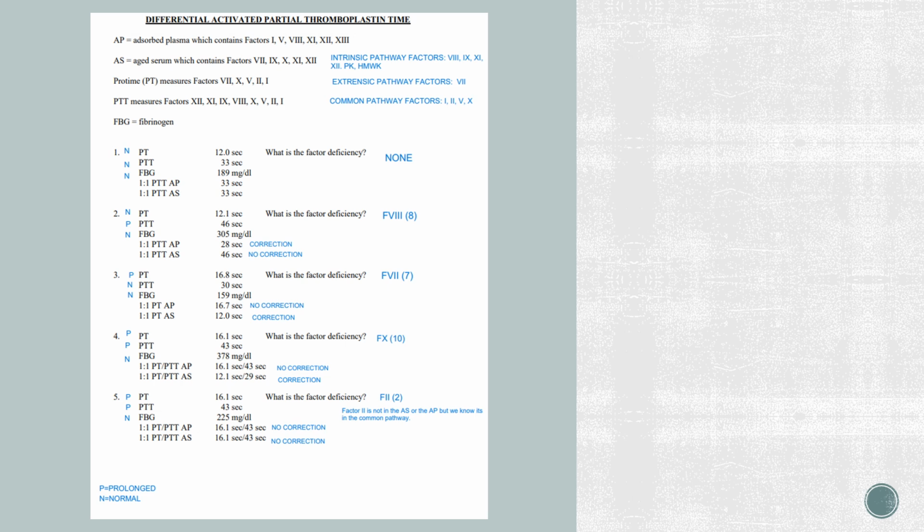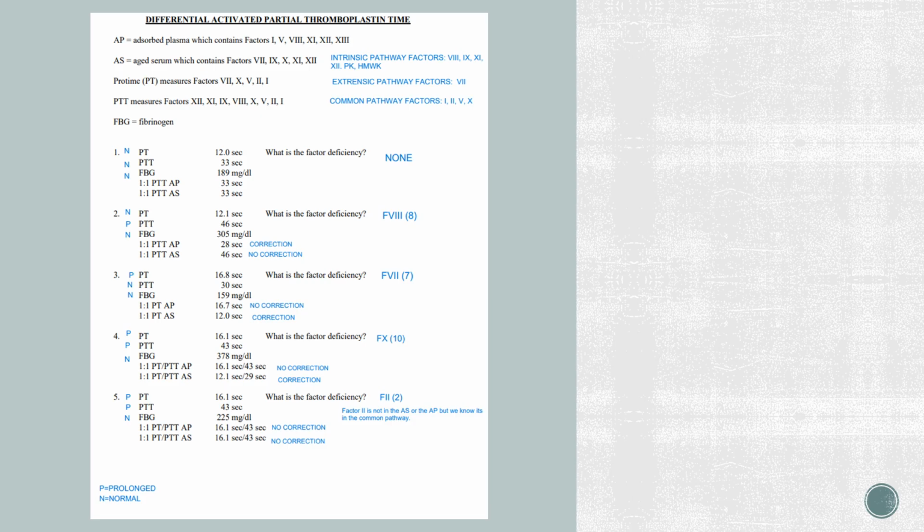All right, so one of the ways that I like to solve my cases is to write out which pathways are covered by each factor, and which factors are covered by which pathway. Now, we know that the PT measures the extrinsic pathway. So the extrinsic pathway for the most part is going to be factor 7, and then the other factors that are in the common pathway, 1, 2, 5, and 10.